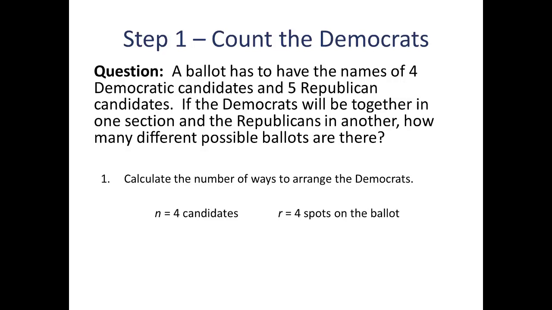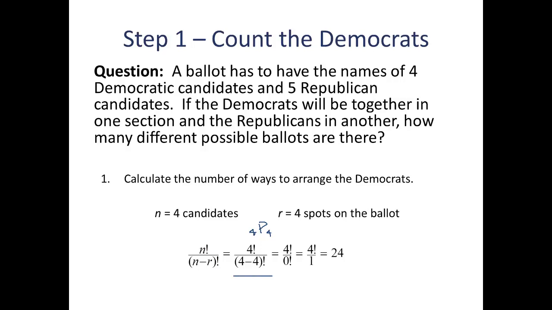In terms of statistics and politics, being placed first is considered preferable. So the sequencing is important, which makes this an example of a permutation. So we're going to use the permutation formula here. It's going to be 4P4 that we're looking for.